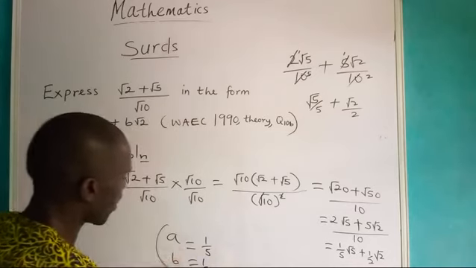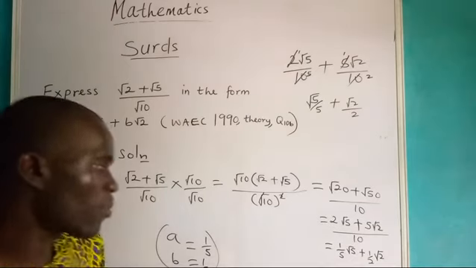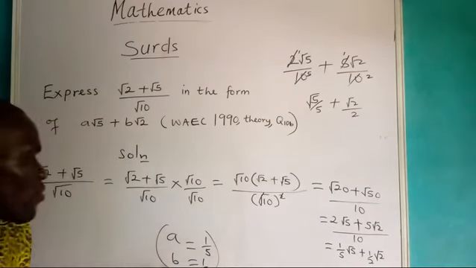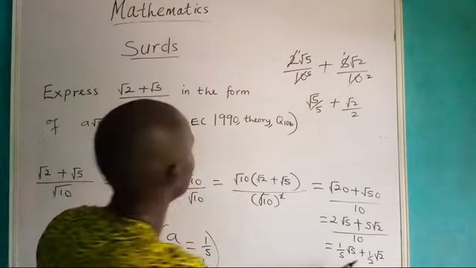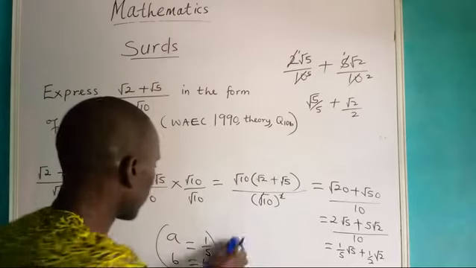But we're not asked for the value of A and B. We're asked to leave our answer in this very form, so we cannot say this is the final solution.